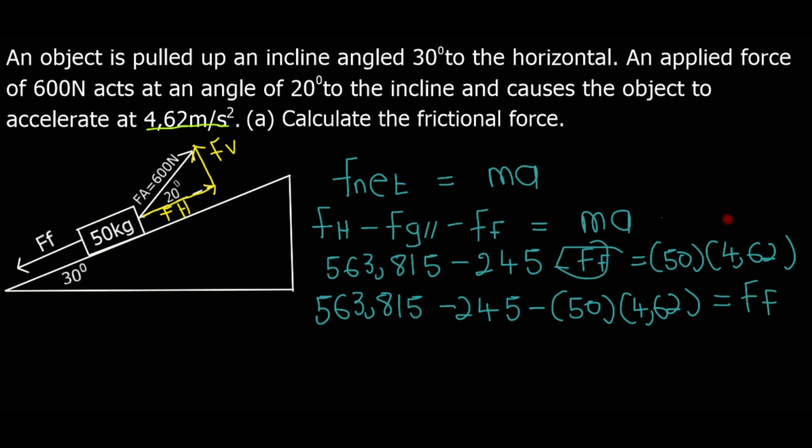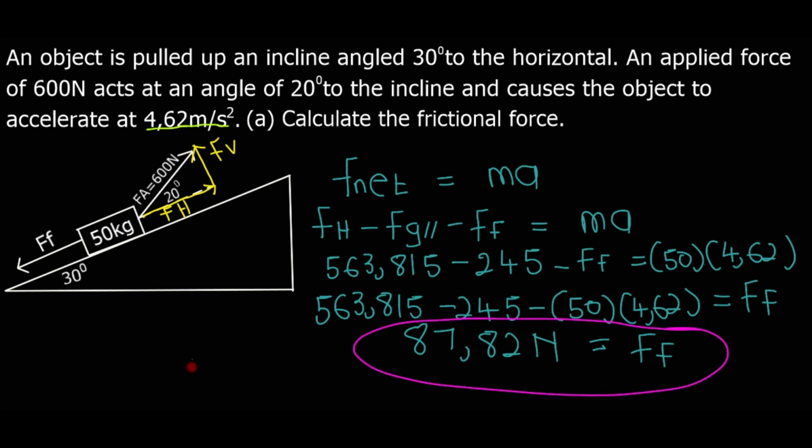Take this friction to the other side so it becomes positive. Now when you press this on the calculator, we get 87.82 newtons. So this is our frictional force.